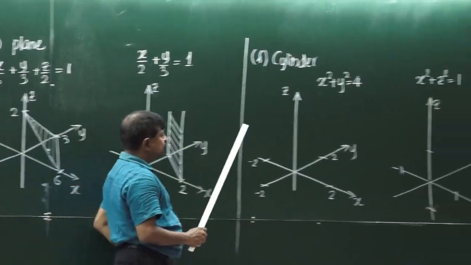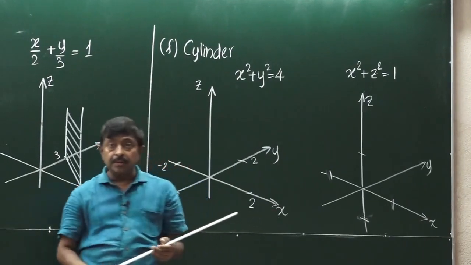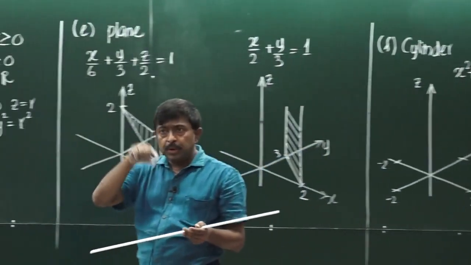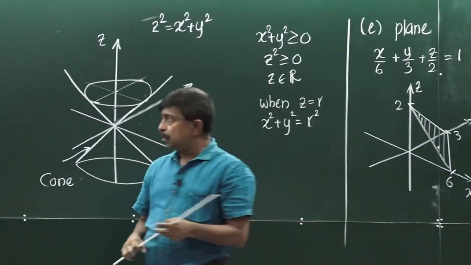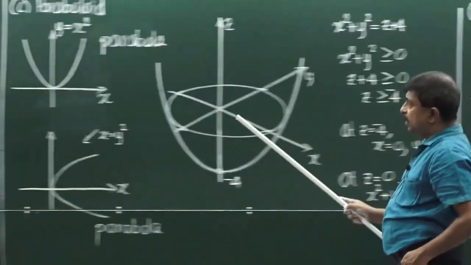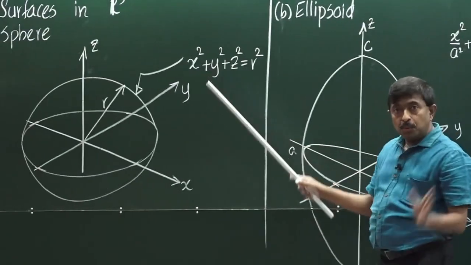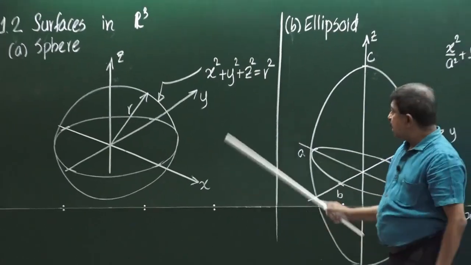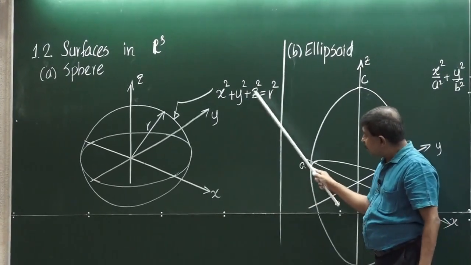Now, in the case of a cylinder, it looks like the circle, like the sphere, but in the sphere all the variables are squared and all of them are on one side. Their coefficients are equal, 1, 1, 1, right.